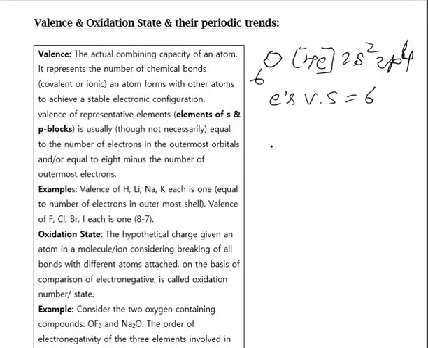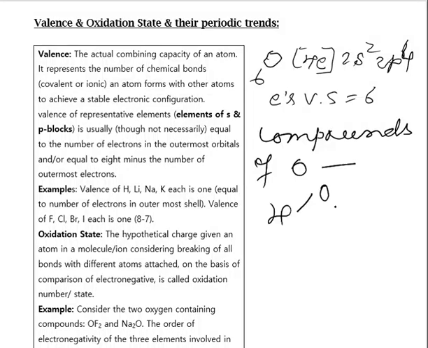But oxygen forms compounds such as H2O. That means each oxygen atom forms 2 bonds. Even in OF2, each oxygen forms 2 bonds with fluorine also.